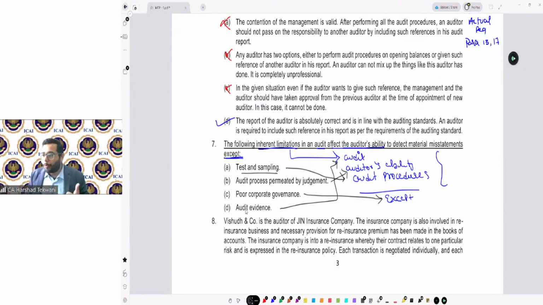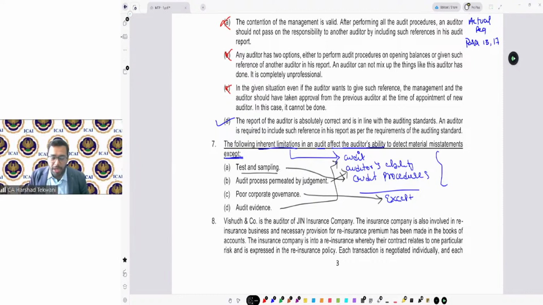Third, poor corporate governance. Corporate governance will not affect the auditor's ability to detect material misstatement. Poor corporate governance is a risk, and rather it will give you more material misstatement. So it has no relation with the auditor's ability to detect material misstatement. If there is an inherent limitation with respect to audit evidence, yes, it will impact the auditor's ability, but I need the except, which does not impact it.